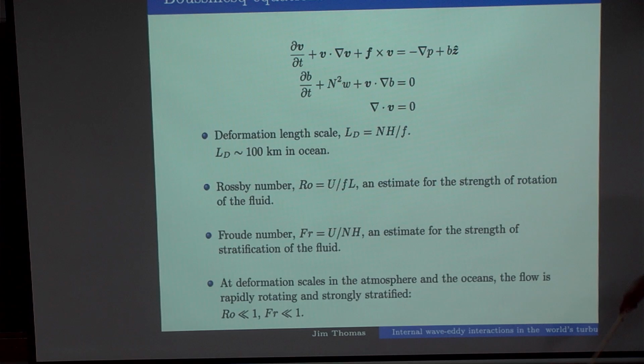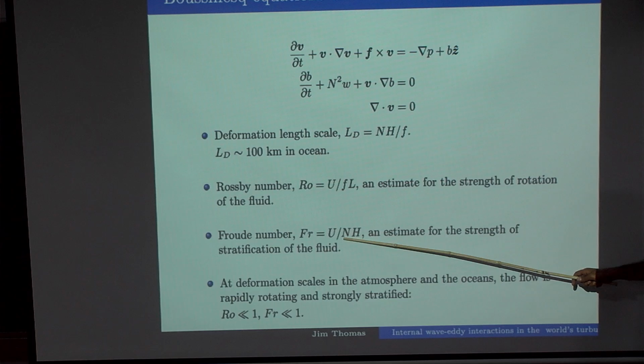Now if you are in a strongly rotating fluid, F is the Coriolis term, and L becomes very large, so the Rossby number becomes very small. So for a fast rotating fluid like the atmosphere and the ocean, the Rossby number is a very small parameter. Another non-dimensional number that we'll encounter is the Froude number. It's similar: velocity divided by the buoyancy frequency N, and H is the vertical height of the fluid.